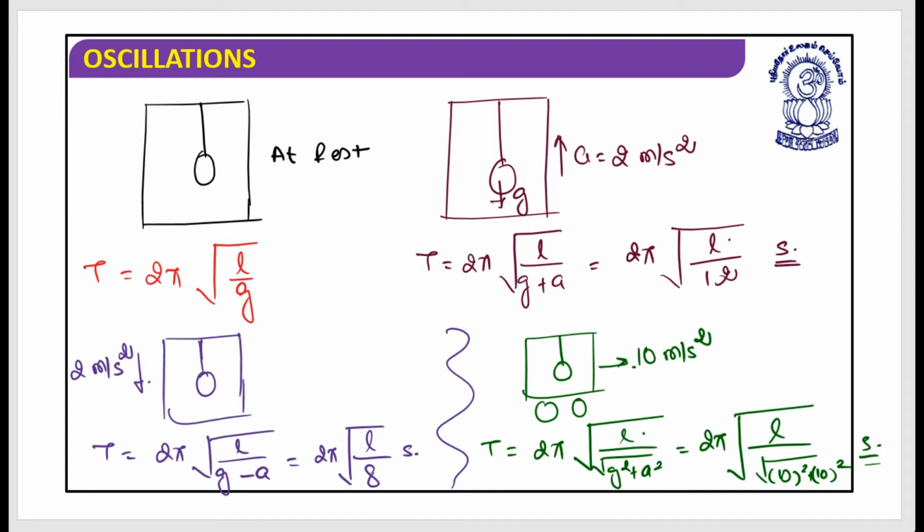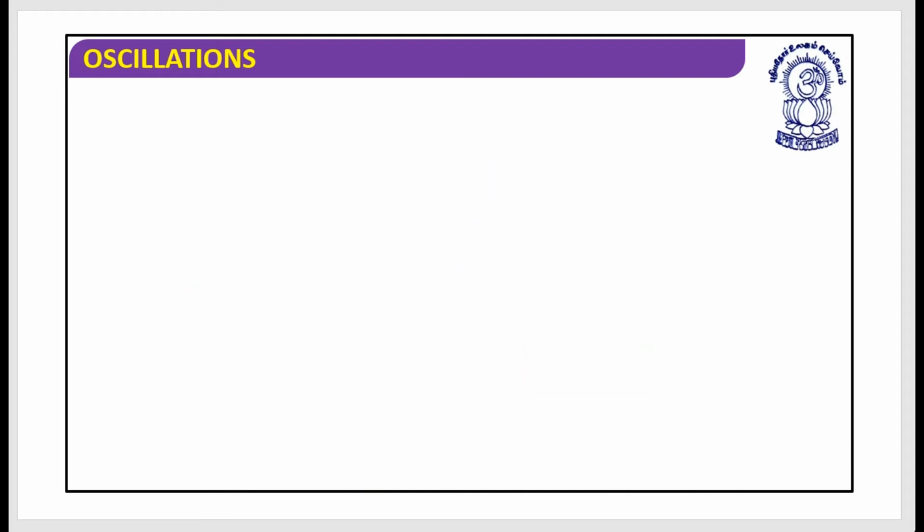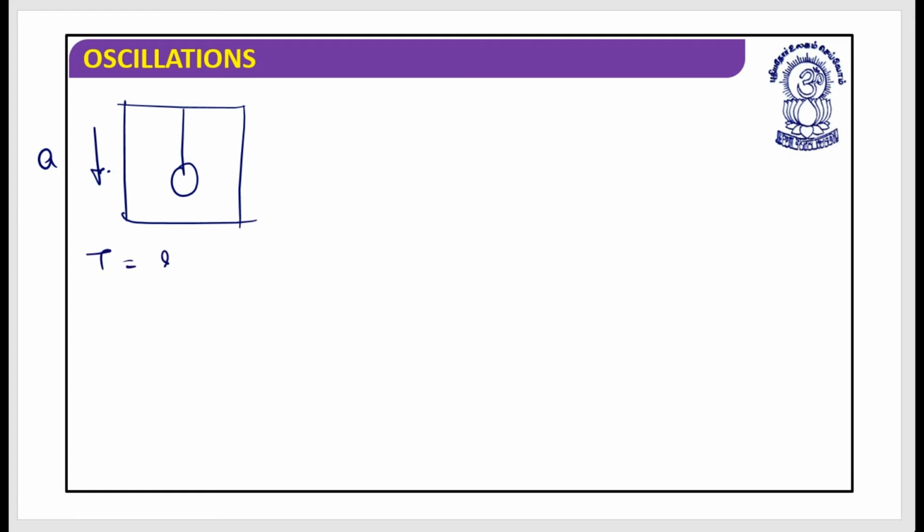So is it clear, every case? Yes, great. Now let's discuss a very interesting case. Let's say this is the pendulum and it is moving in the downward direction with a downward acceleration given as a, so that the time period could be given as T equals 2 pi under root of L divided by g minus a.